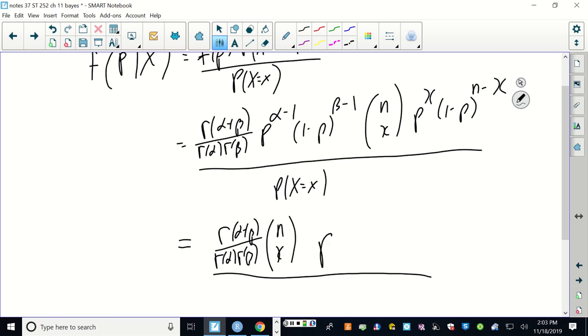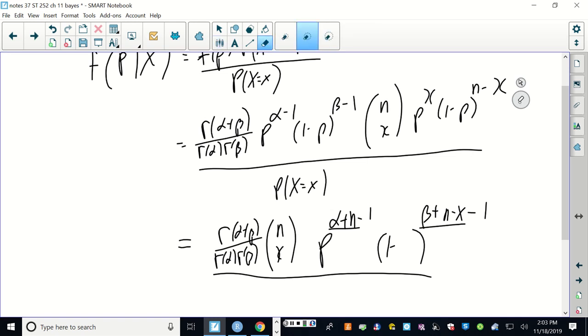And then we'll write the p's. There's p to the alpha plus x minus 1, and 1 minus p to the beta plus n minus x minus 1. And I've written it this way to preserve that beta distribution structure, because there's p to a power minus 1 and a 1 minus p to a power minus 1. That's there.